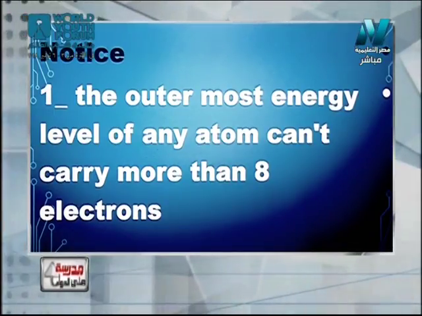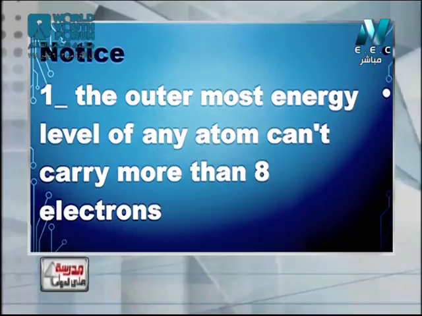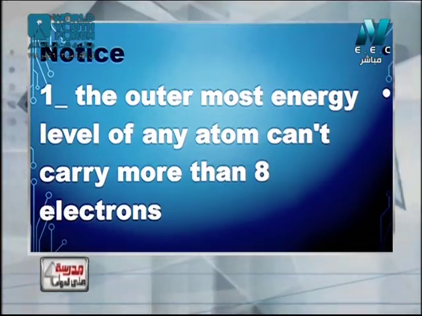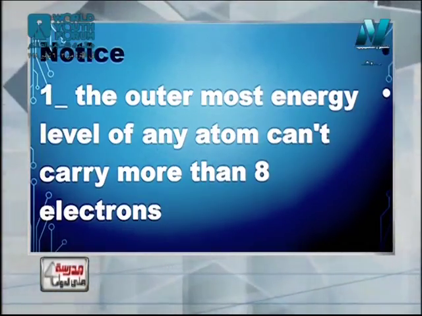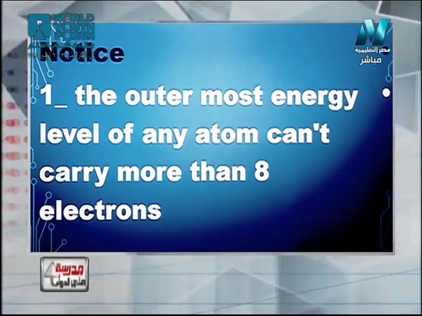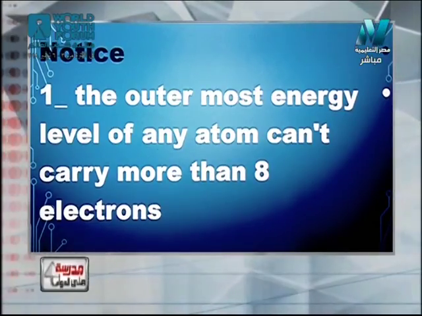If it is the outermost energy level, the last energy level in this atom, it can't carry more than 8. Even if it can carry 32, even the third one that can carry 18, if it is the outermost energy level, it can't carry more than 8 electrons.